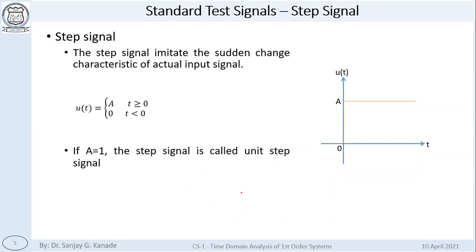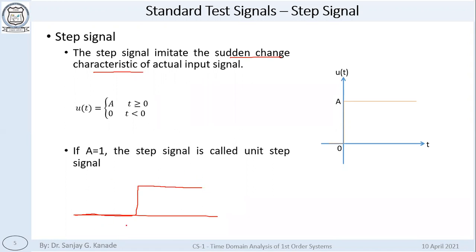Okay, another example of a test signal, or another characteristic of an input signal, is sudden change characteristics. For example, again let's continue with the same example. Window is closed, but the person suddenly opens it completely and now keeps it open. Nobody has noticed him, so he keeps it open.